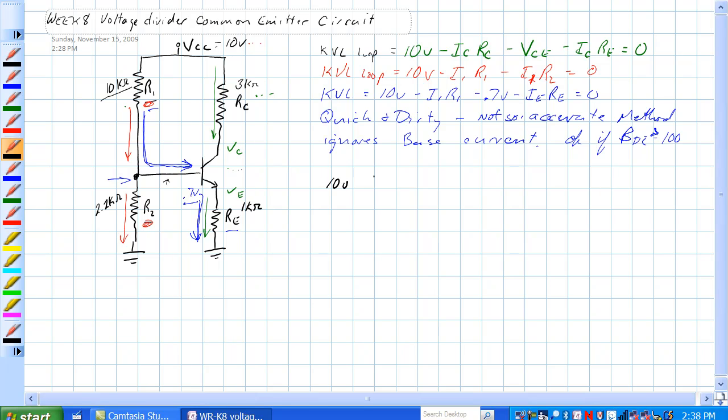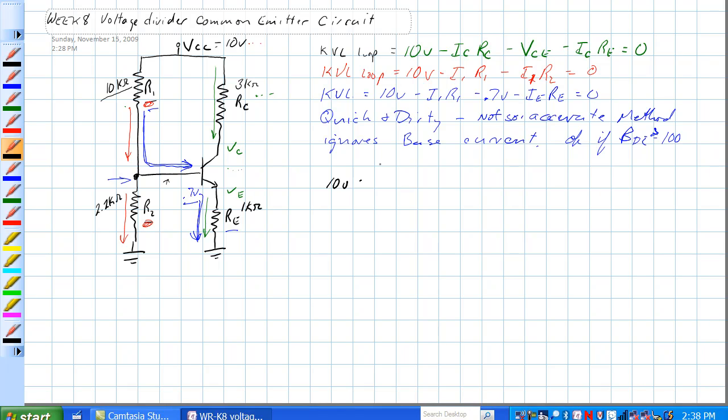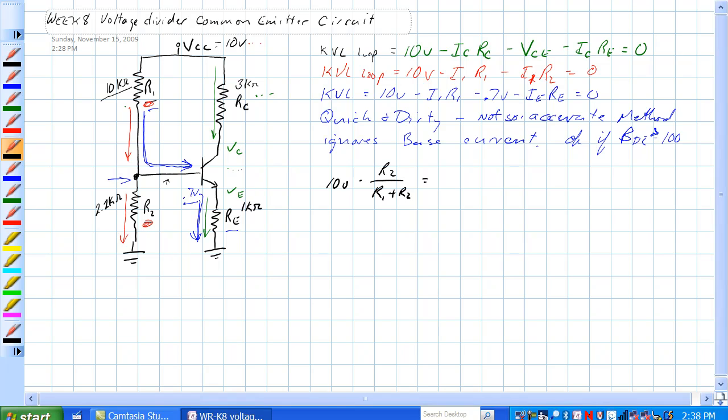So we have 10 volts times R2 over R1 plus R2, which is equal to 10 volts times 2.2 k ohms divided by 12.2 k ohms. And that's equal to, I'll have to get my calculator out and figure it out.